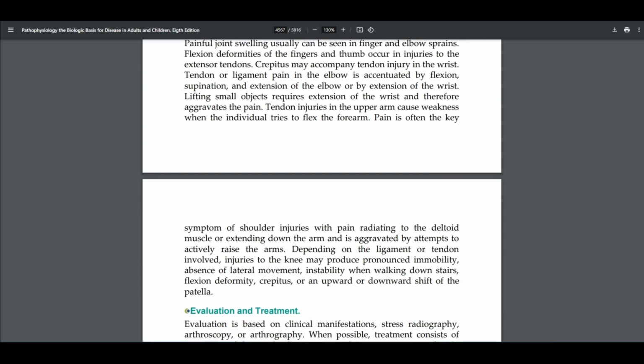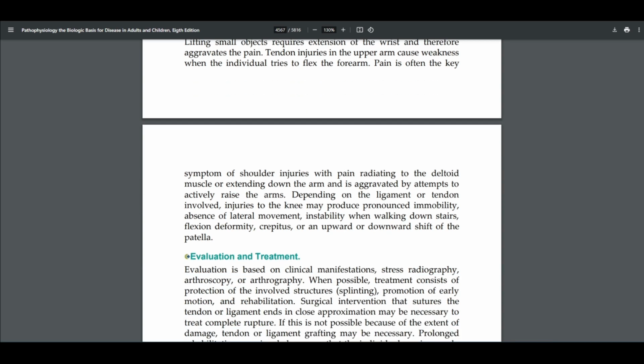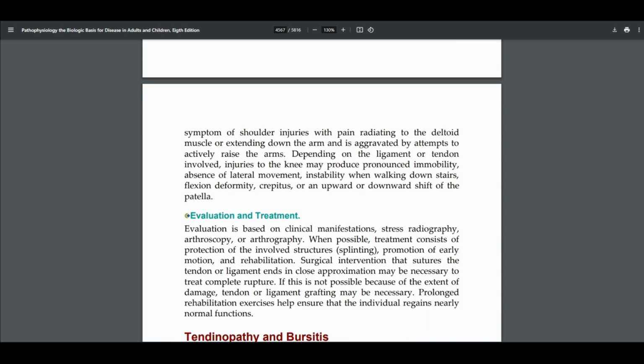Pain is often the key symptom of shoulder injuries, with pain radiating to the deltoid muscle or extending down the arm, and is aggravated by attempts to actively raise the arm. Depending on the ligament or tendon involved, injuries to the knee may produce pronounced immobility, absence of lateral movement, instability when walking downstairs, flexion deformity, crepitus, or an upward or downward shift of the patella.